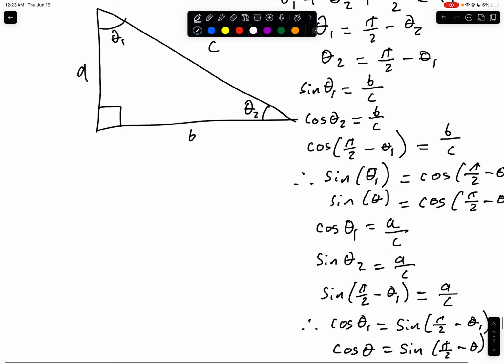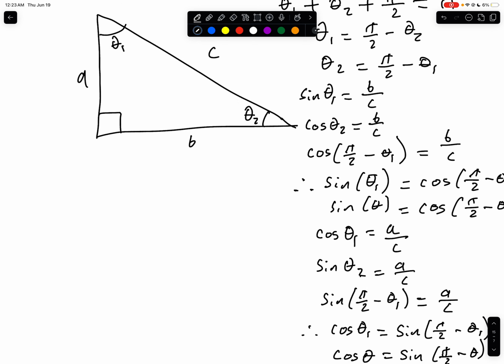Okay. Now, let's think about tangent. Tangent of theta 1 is opposite over adjacent, that's just b over a. We see here that another thing that yields b over a is adjacent over opposite. So we could say cotangent of, and again, I didn't memorize this proof or anything.